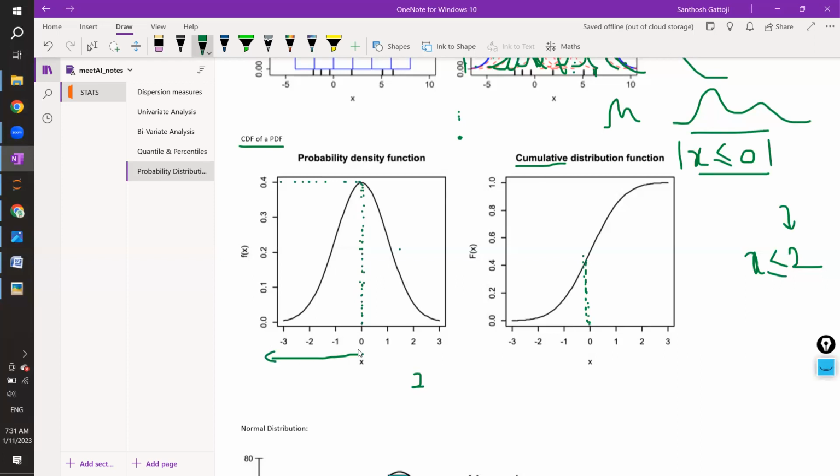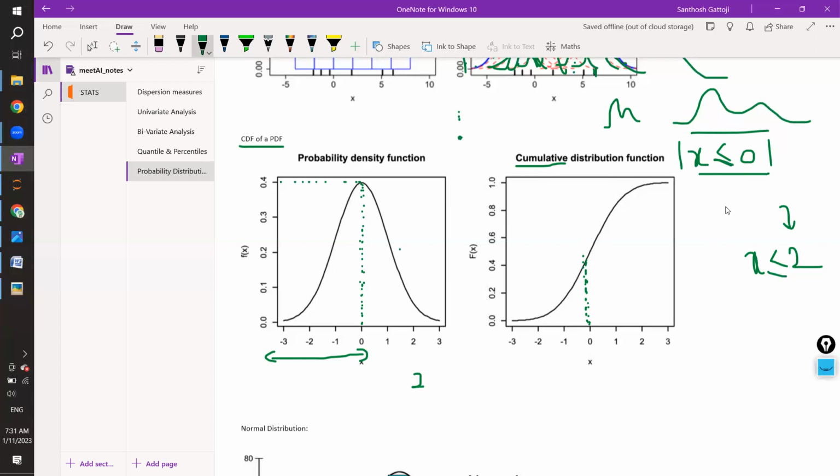Now, if I want to find out the probability that a given random variable falls between -3 and 0: for the cumulative distribution at 0, it is looking for x less than or equal to 0.